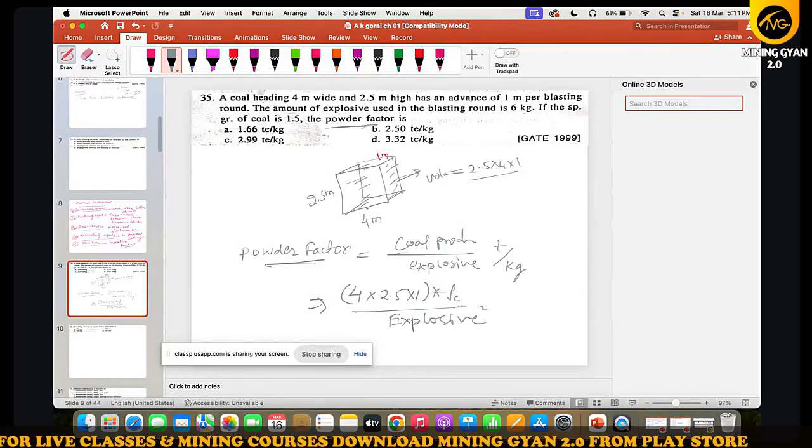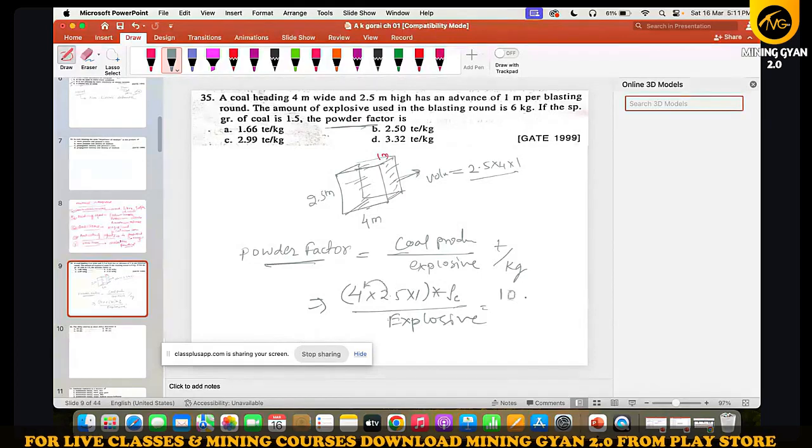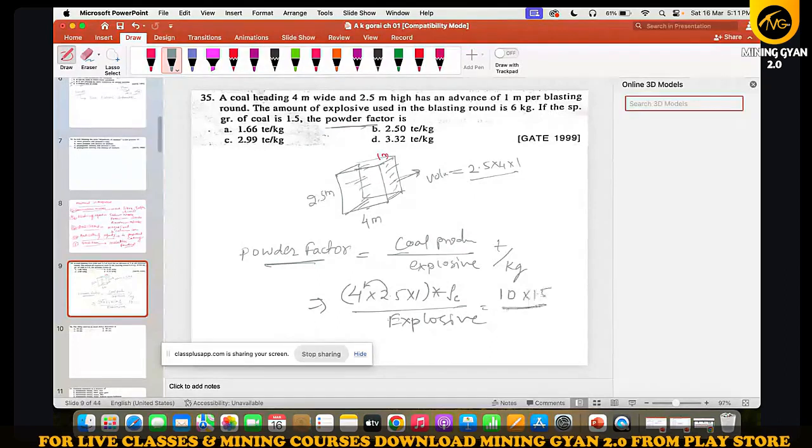So how much it will come? 2.5 into 4 into 1, and coal's 1.5.